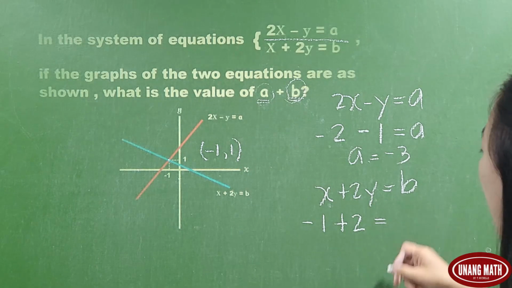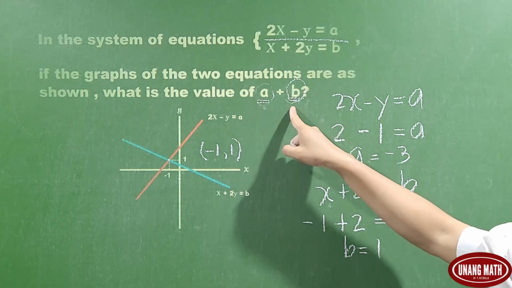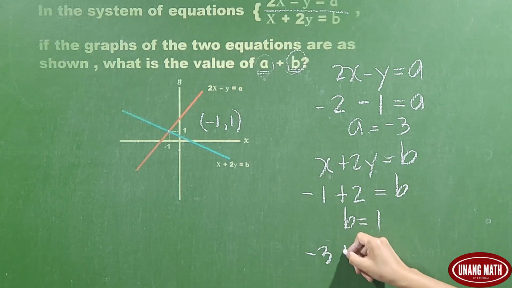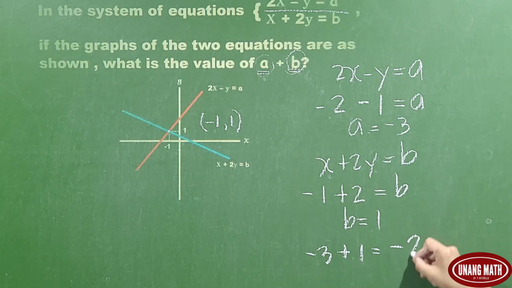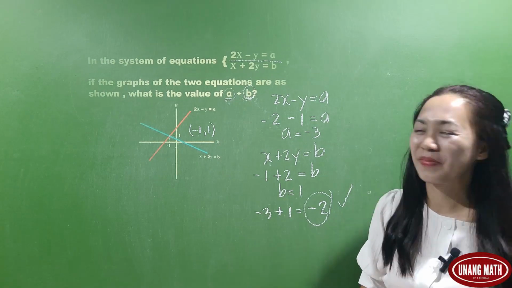So that would be equal to b. So negative 1 plus 2, that would be 1. So b is equal to 1. So we can now find a plus b. So a is negative 3, b is 1. So negative 3 plus 1, then that means the value of a plus b is negative 2.